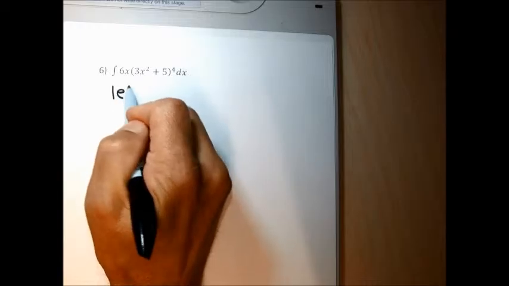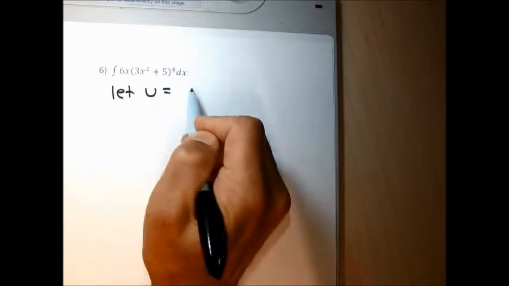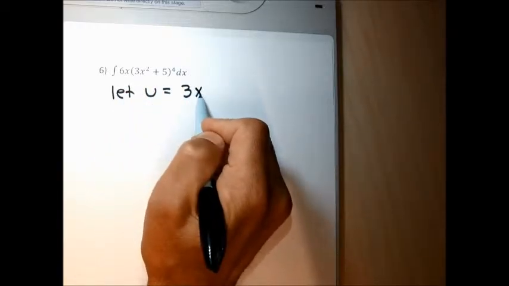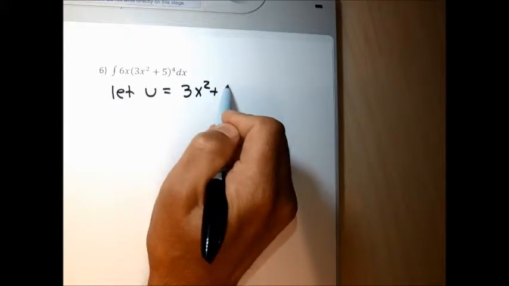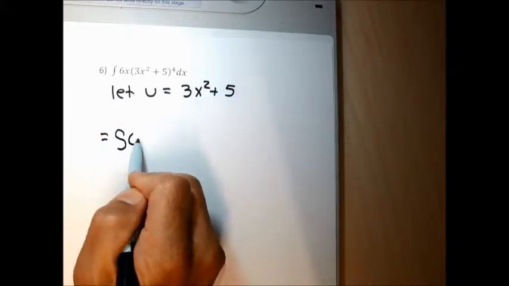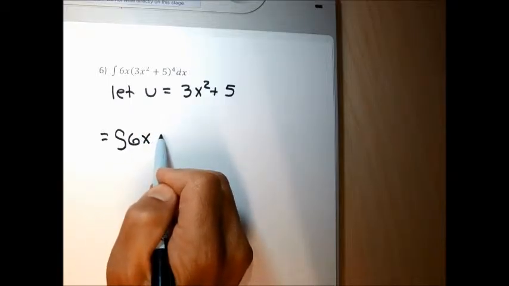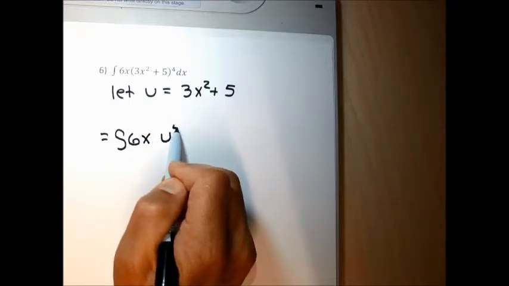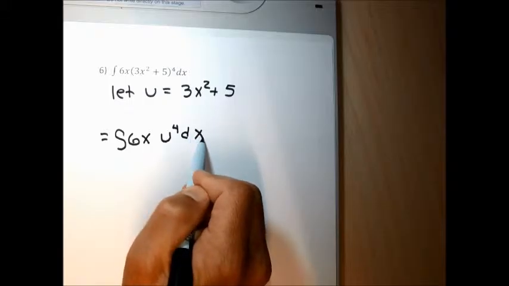Alright, for number 6, I'm going to let u equal the contents of the parentheses, so 3x squared plus 5. Then I can rewrite the original problem as 6x times u to the 4th dx.